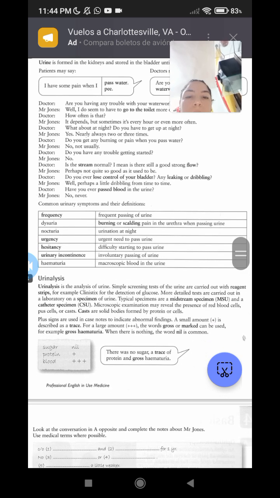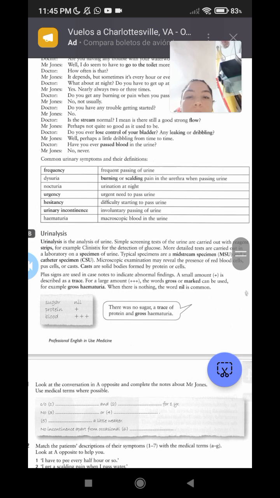Doctor: Do you ever lose control of your bladder? Any leaking or dribbling? Mr. Young: Well, perhaps a little dribbly from time to time. Doctor: Have you ever passed blood in the urine? Mr. Young: No, never.